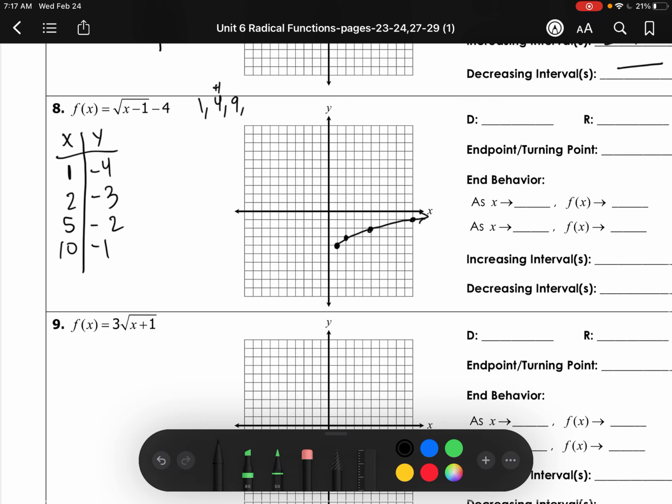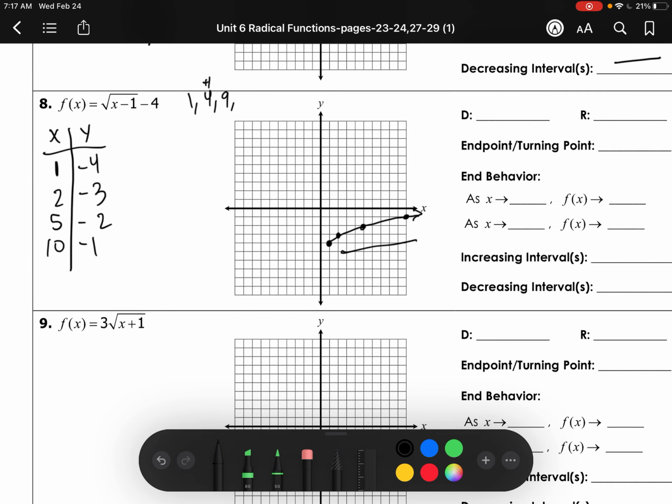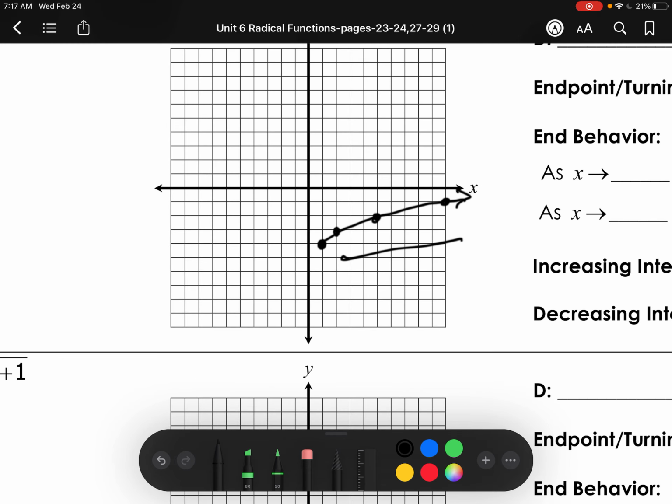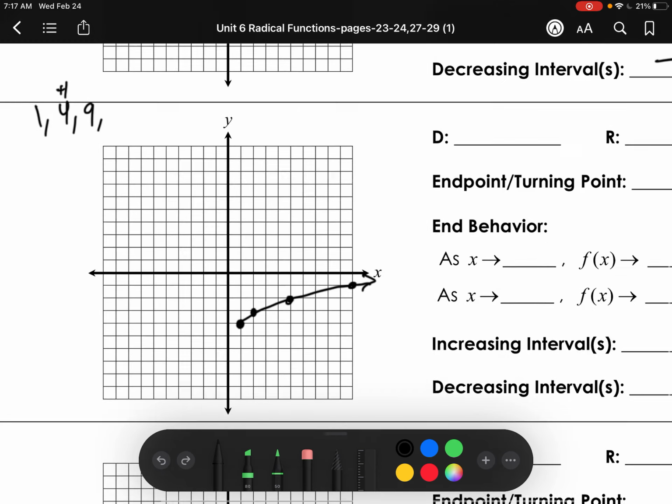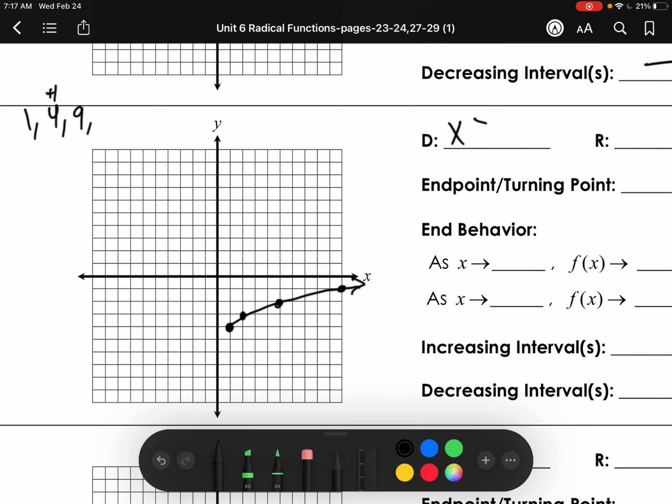And we can't graph any other points below that. So now let's talk about the domain and the range. So the domain refers to our x values that we can plug in, right? The smallest x value that we're able to plug in is 1, right? So that means that our domain is going to be x is greater than or equal to 1.